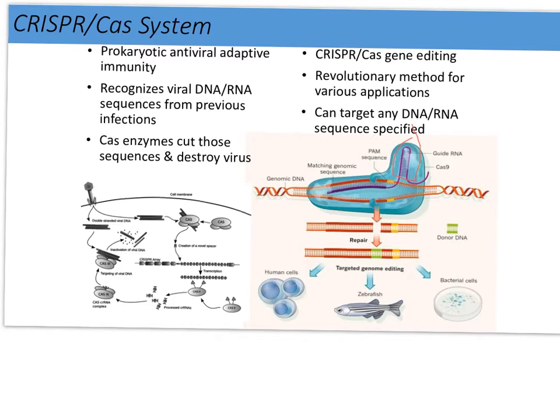You could also create transgenic animals like you do with what we learned before, but this system is much more efficient and precise. So before, with the recombinant DNA, you have to do thousands and thousands, and hopefully you get a few that actually worked. Well, with this, you can be absolutely precise about where you want to cut into the genome.